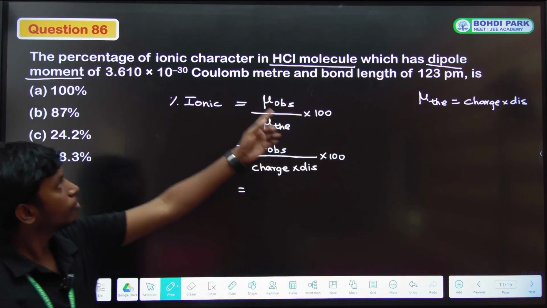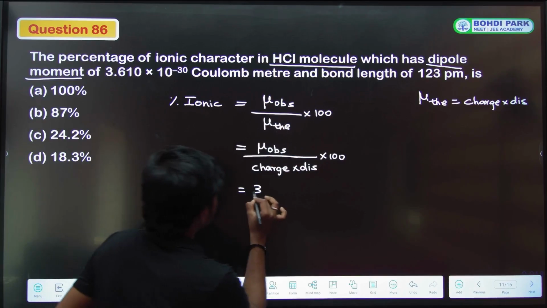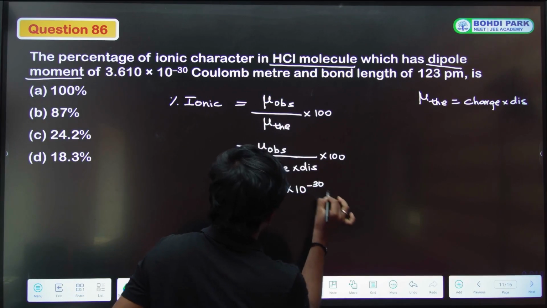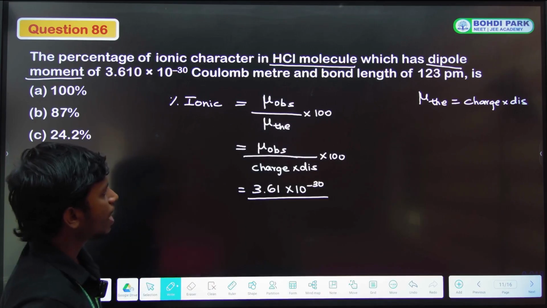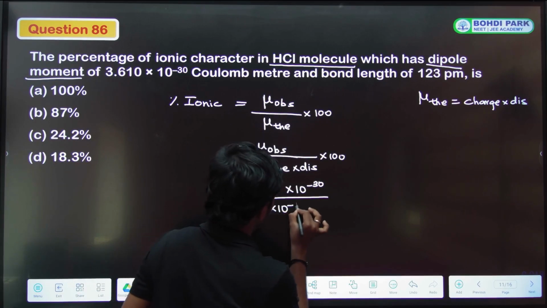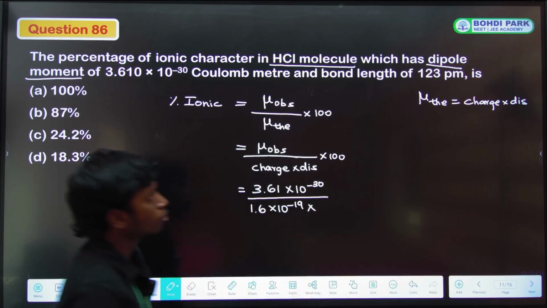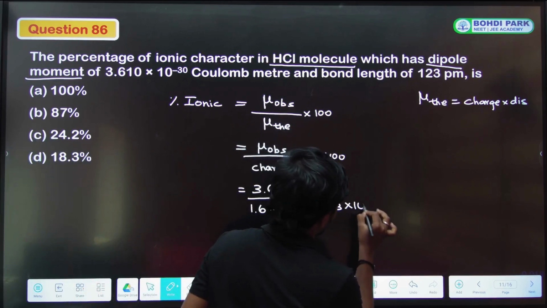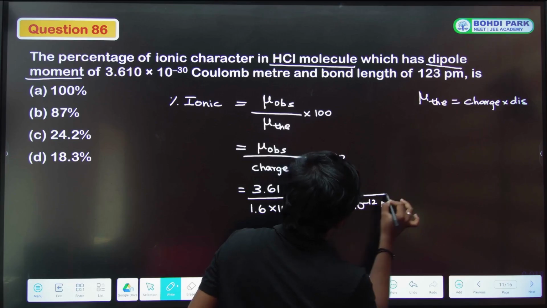The observed dipole moment is 3.61 into 10 to the power minus 30, divided by the charge of electron, 1.6 into 10 to the power minus 19, into the distance, 123 picometer, 123 into 10 to the power minus 12 meter, into 100.